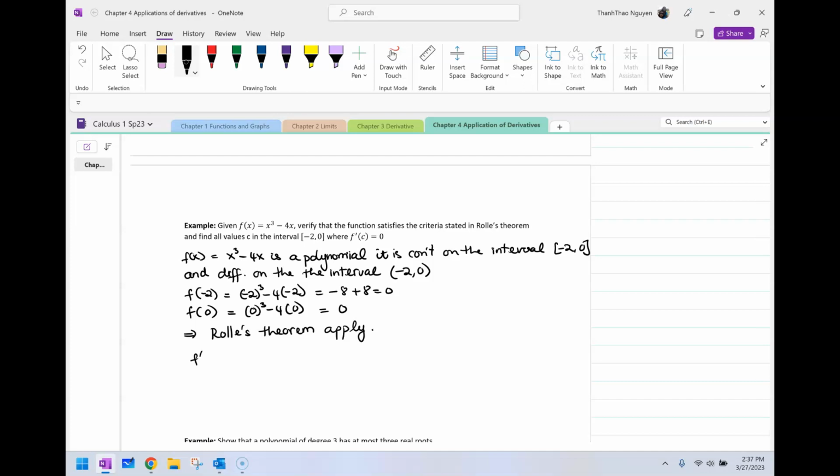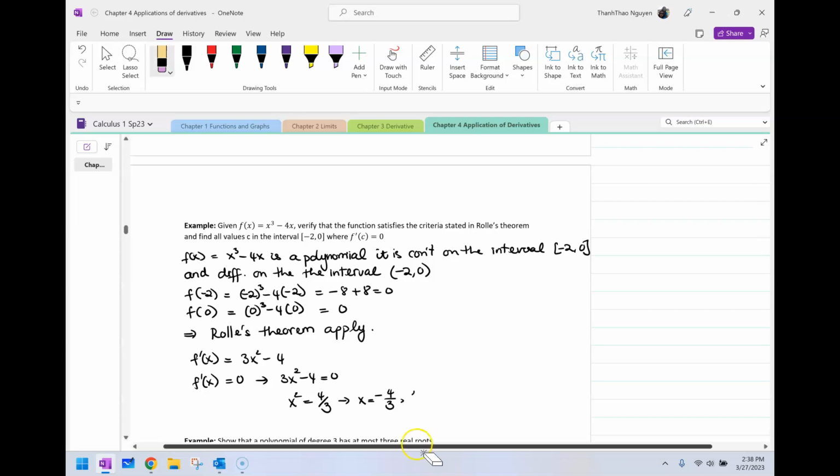Okay. f prime of x is equal to 3x squared minus 4. f prime of x equal to 0 implies 3x squared minus 4 equals 0. So x squared equals 4 over 3. Then x equals plus or minus 2 over root 3.